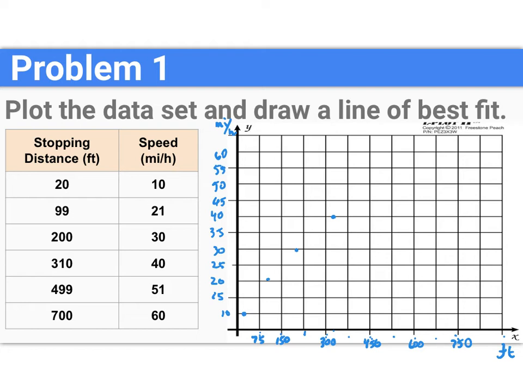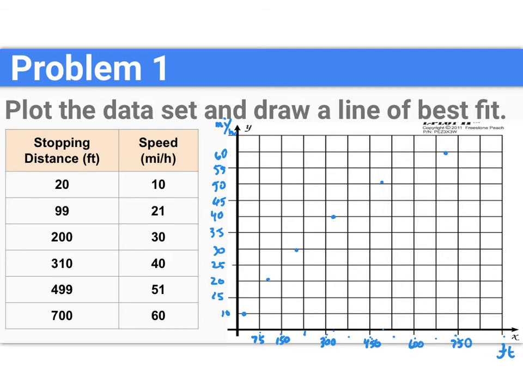And then we're at 499, 450 plus is 525, so 495. It's about right there. 51. Is about right there somewhere. And then 700. 675, 750 ish. 60. So I guess it's halfway in between, maybe a little less than, somewhere right there.